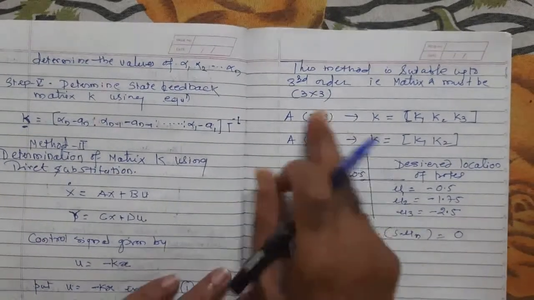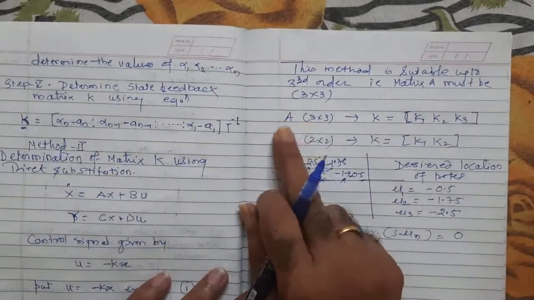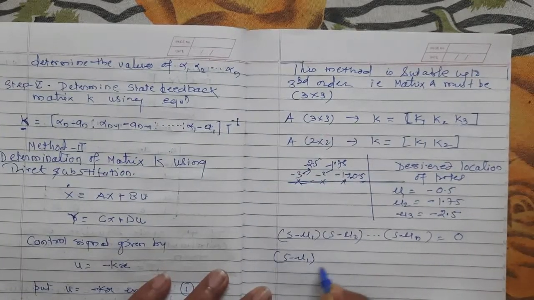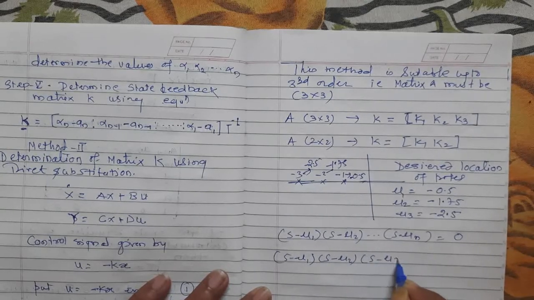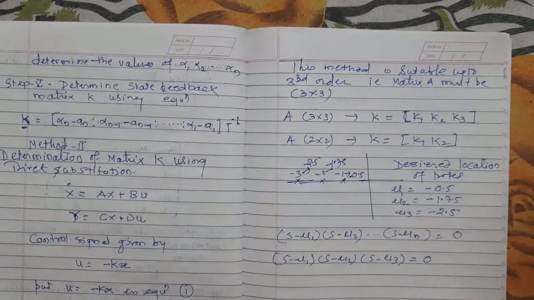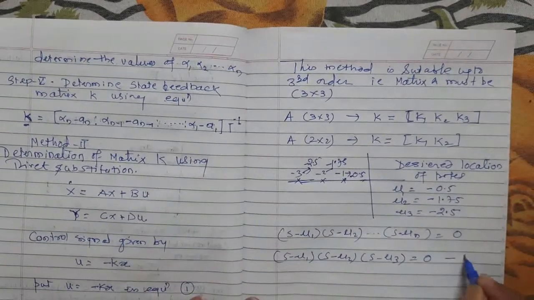Here we assume a maximum of 3, so we have (s minus mu1)(s minus mu2)(s minus mu3) equals 0. So this is my equation number B.